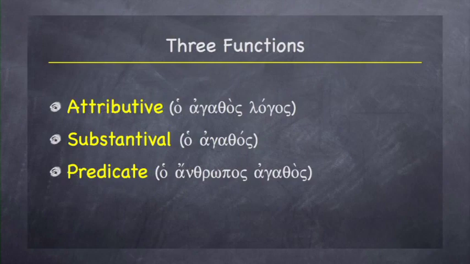So if you came across something like ho agathos logos, you look at logos, and it's nominative singular masculine, and so the article ho and the adjective agathos likewise have to be nominative singular masculine. So that's real straightforward for attributive adjectives. I should say that provides a nice double check, by the way.